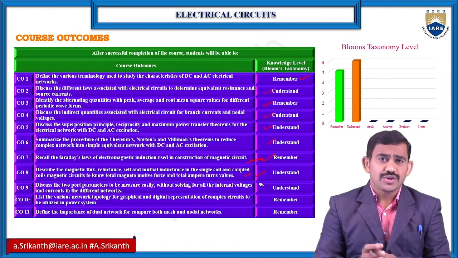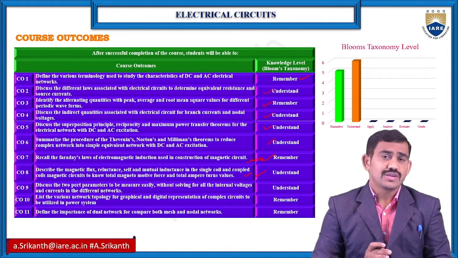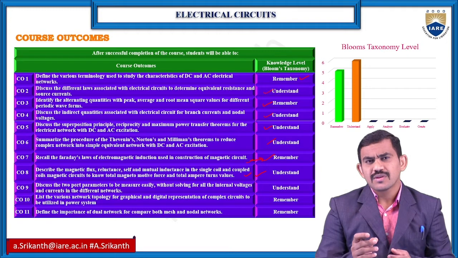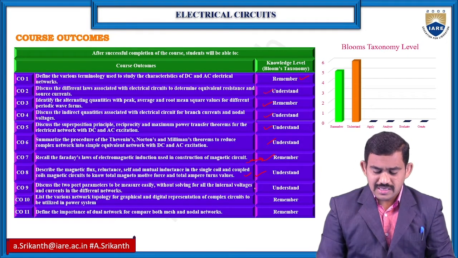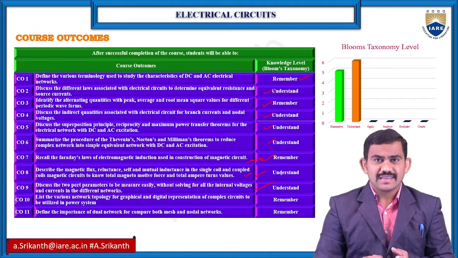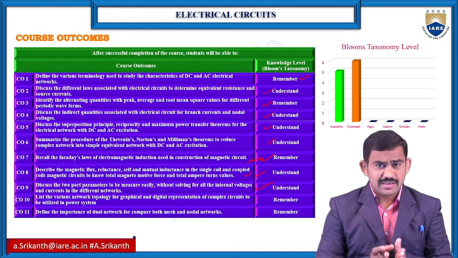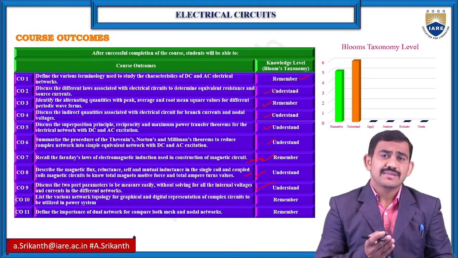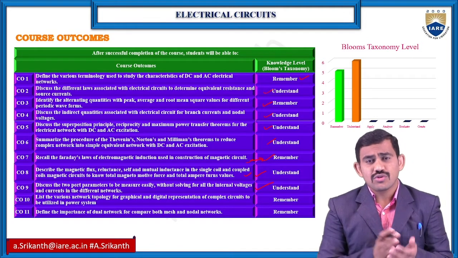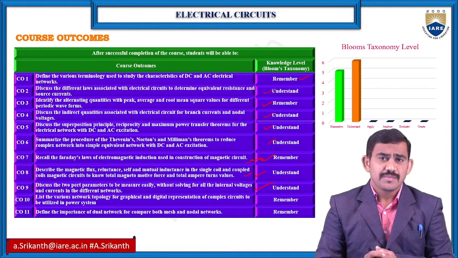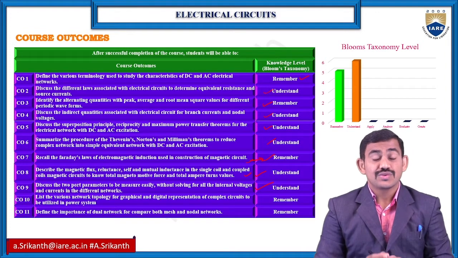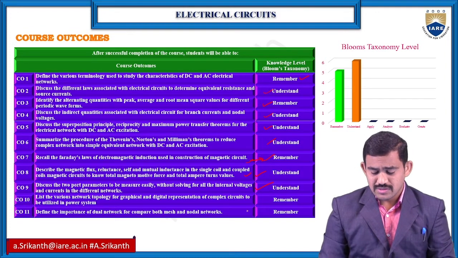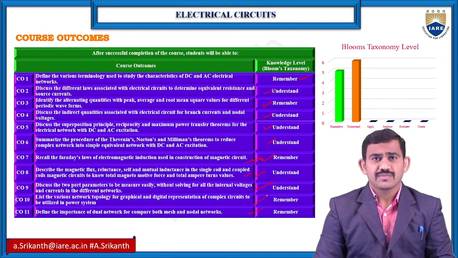Coming to the fifth module, we have two-port networks. Two-port networks means we need to get some problems, and we need to understand those problems. So that comes under understand. And the remaining two topics, network topology as well as duality. No need to go for problems or analysis here, but we need to remember those topics. So those come under remember.